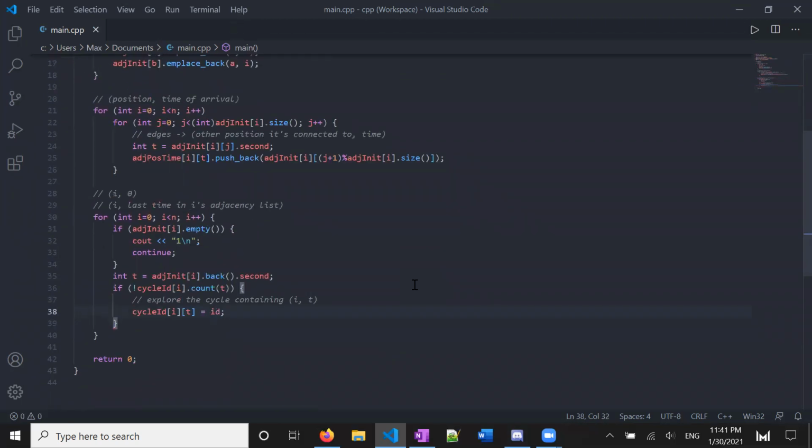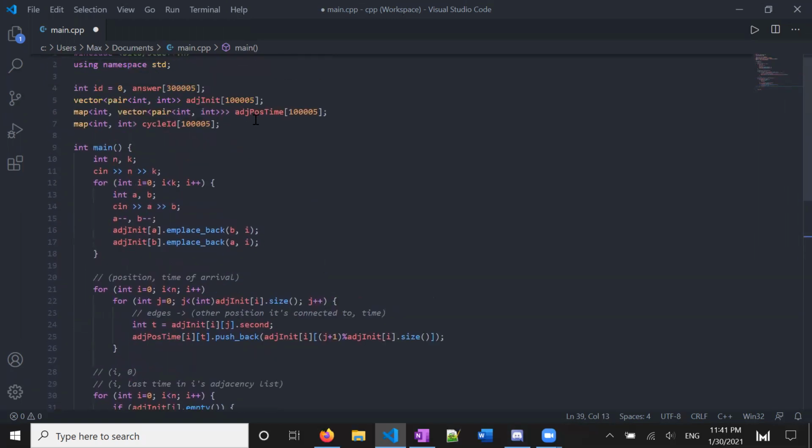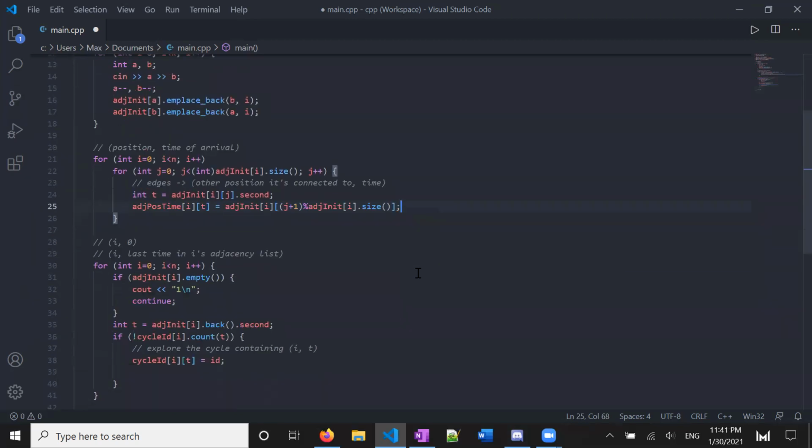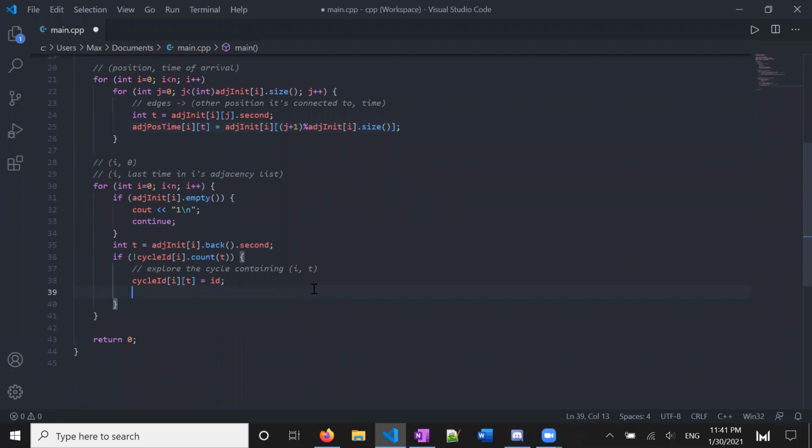Now I'm going to keep walking around the cycle. Actually, I just realized that adjacency position time doesn't need to be a vector because there's only one outgoing edge, so we can simplify this to just a pair. That was my bad. Because there's only one outgoing edge, it's not really an adjacency list.